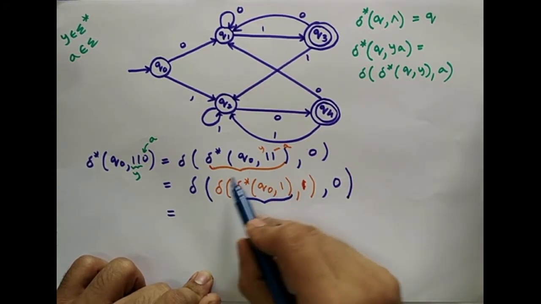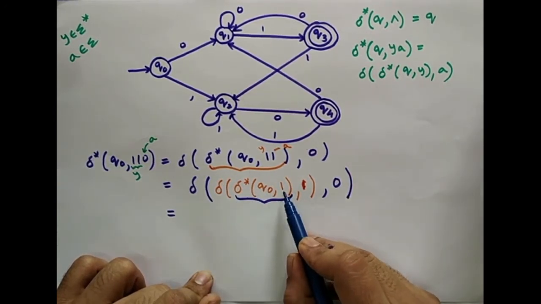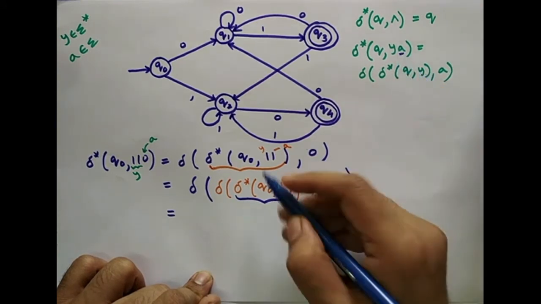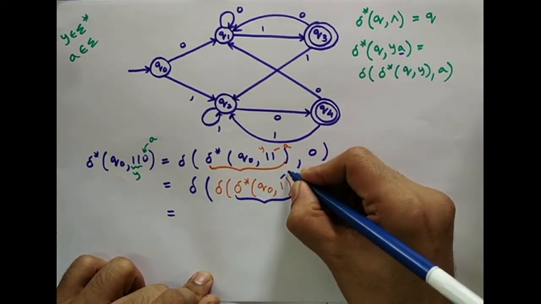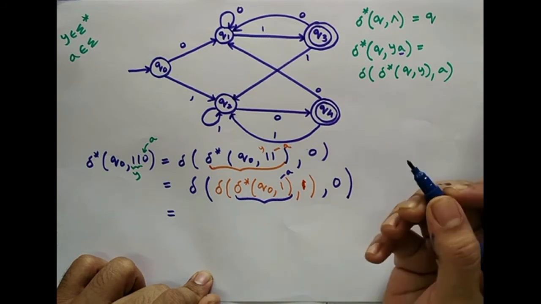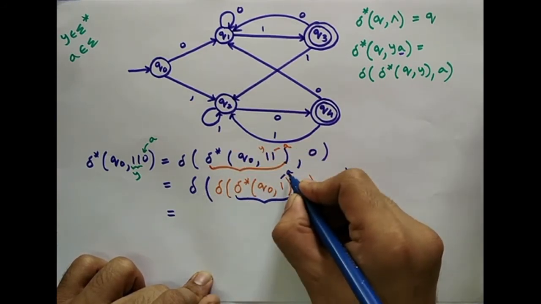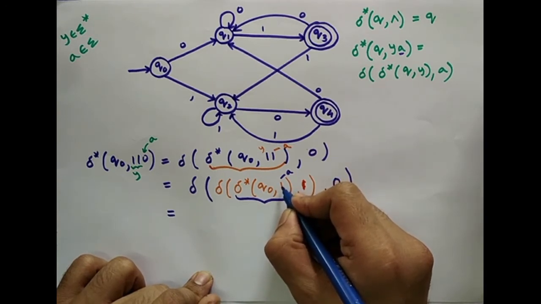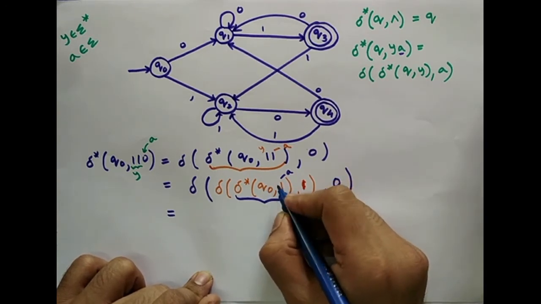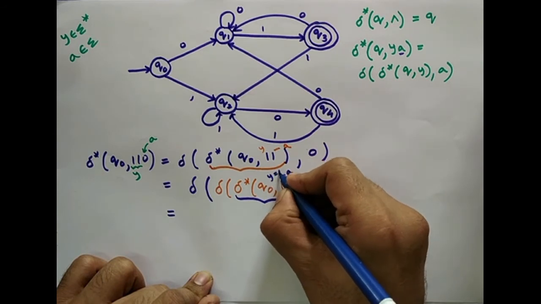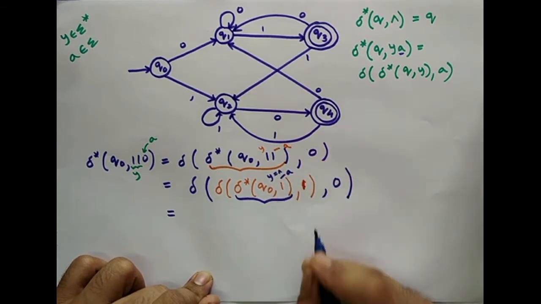But note that now since the length of the string is 1, the last element a in this case will be 1. So this is a. Then what will be y? Whatever is before this a will be y. Now there is nothing before this 1. There is only one element, right? There is nothing preceding this one. So that's why y in this case will be null and a will be 1.